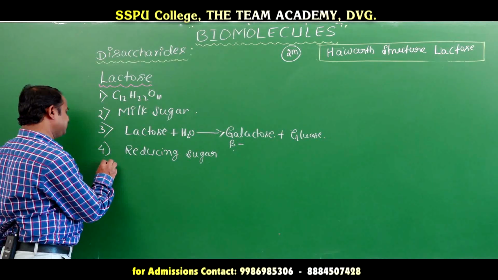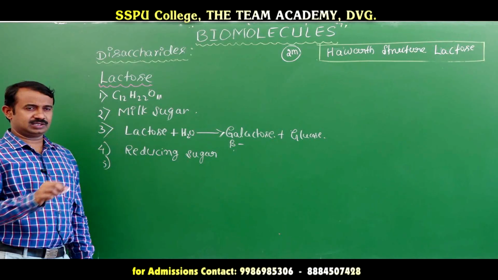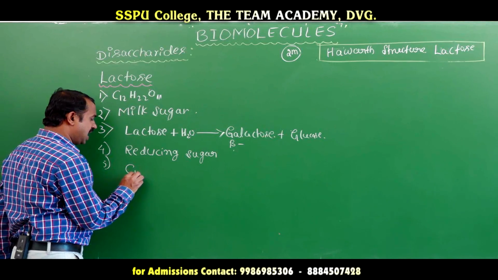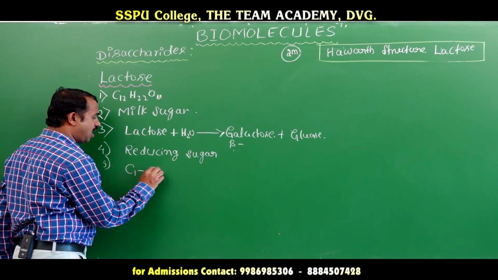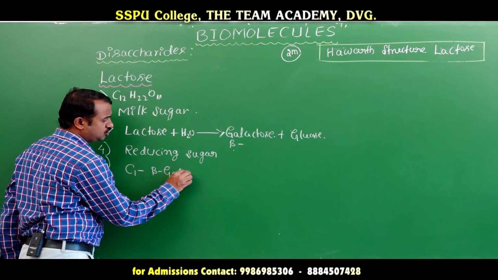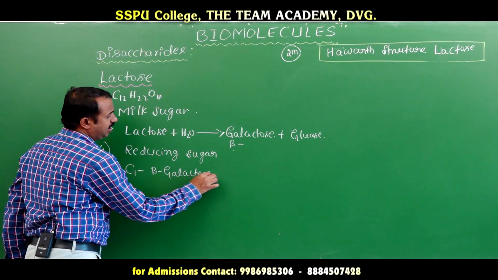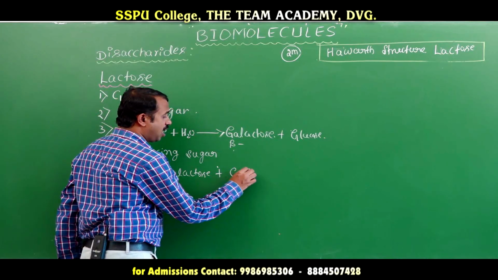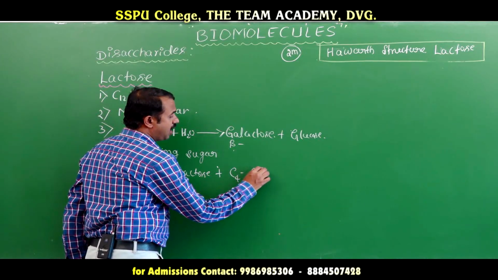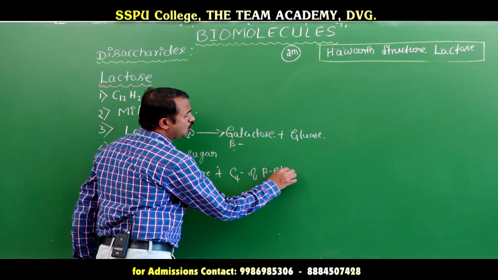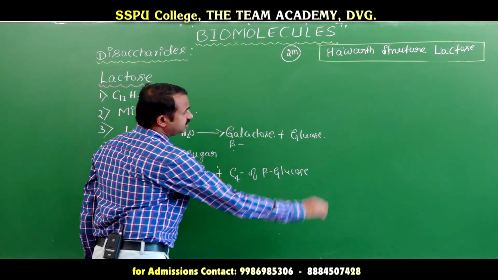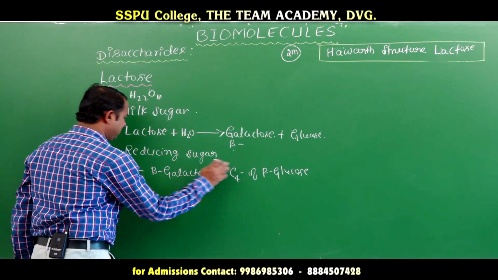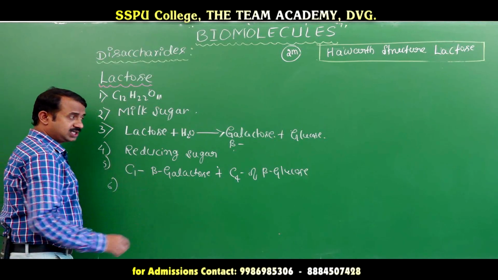The linkage in lactose is between the C1 carbon of beta galactose and the C4 carbon of beta glucose, with inter-elimination of water.